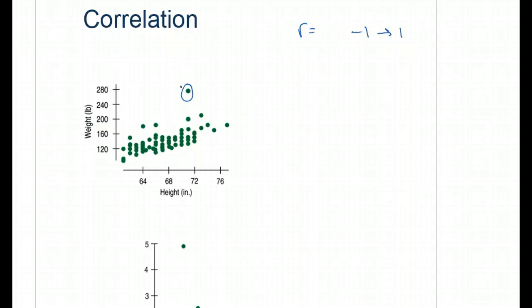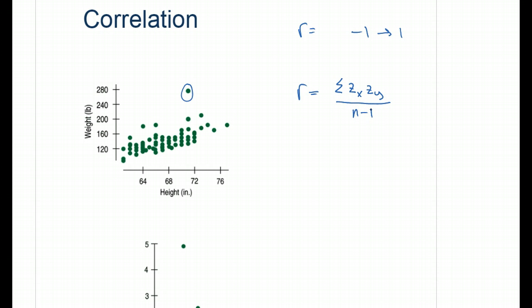So the equation for the correlation is this, and I'll just give it to you right away, and we can talk about it a little bit. R equals the sum of the Z scores for X times the Z scores for Y. And then we're going to divide by the number of points, or not exactly the number of points, but by n minus 1.